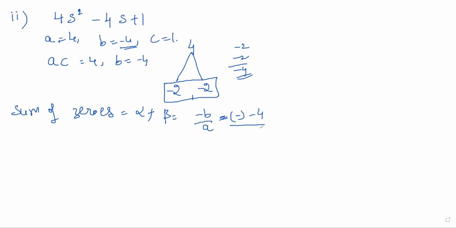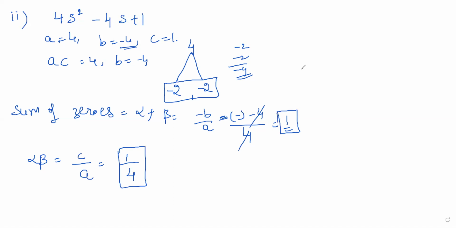Minus 4 by what is a? 4, that is equal to, minus into minus is plus, so 4 gets cancelled, the answer is 1. Now, the product of zeros, that is alpha into beta, is equal to c by a. What is c here? 1. a is 4. So the answer is 1 by 4. And here it is 1.